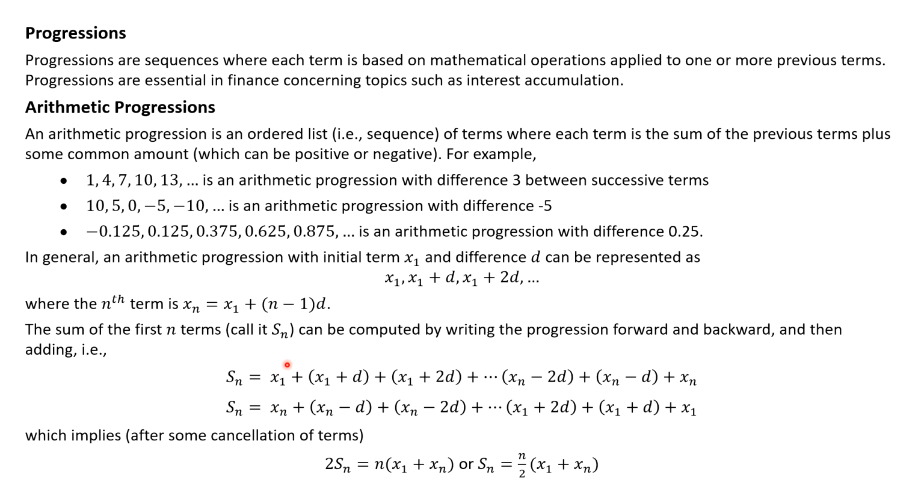Then when we add these together, you notice we get x sub 1 plus x sub n, and you get the same thing again because the d's cancel out, and that's true all the way down. So n times x sub 1 plus x sub n equals 2 times the sum S sub n. And then to find S sub n, we just divide both sides by 2, and we get this formula here.